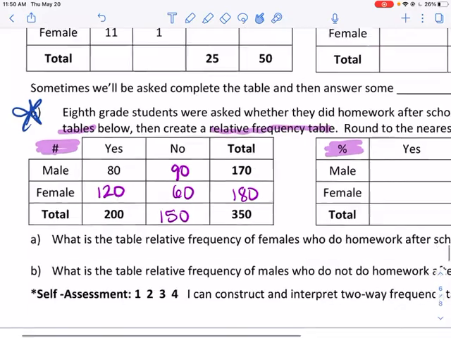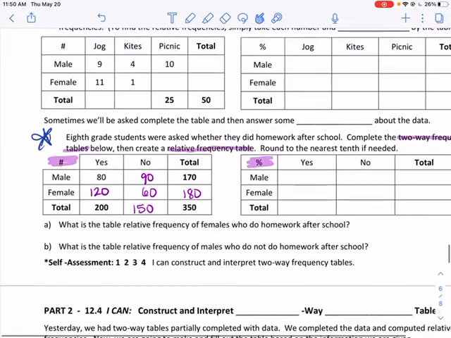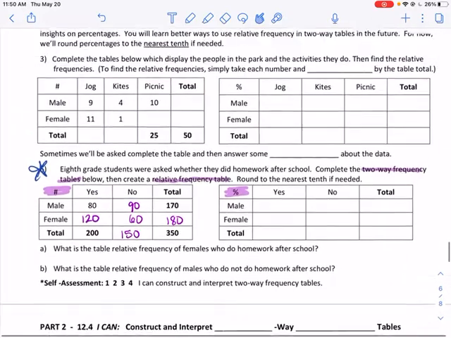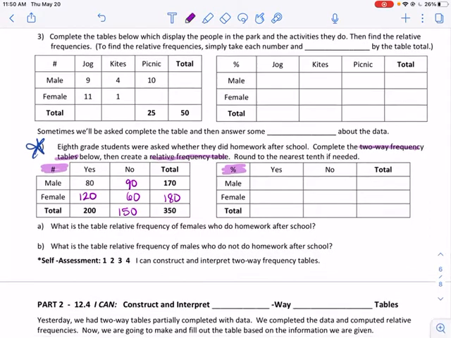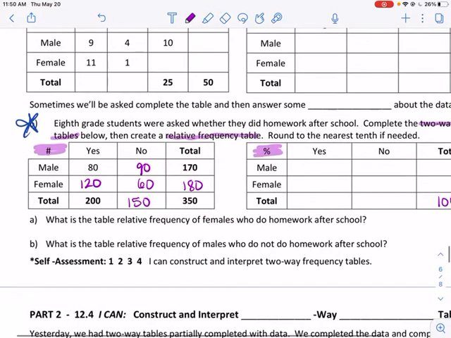Okay, now to find our relative frequency table, we're going to find the percentages. So we know that it's all going to add up to 100% total. And if you don't remember how to find your percentages, you should divide your numbers by the total. There are different ways to do relative frequency tables. You can find percentages of the males and percentages of the females, but we're just going to find the percent of the total surveyed. So I'm just going to write my calculation.